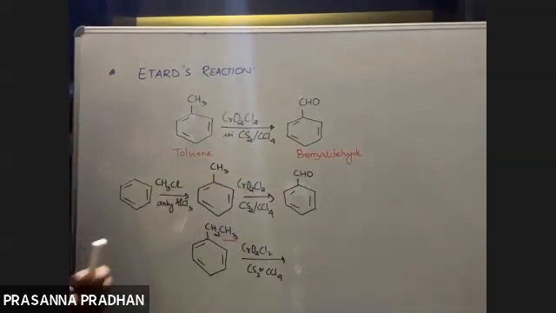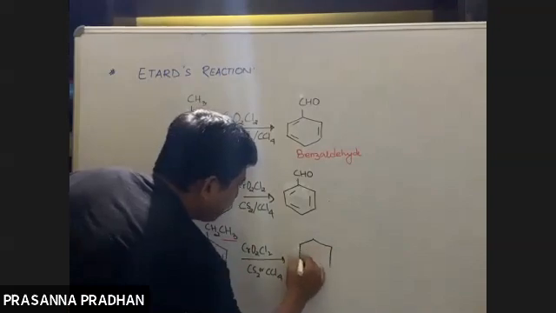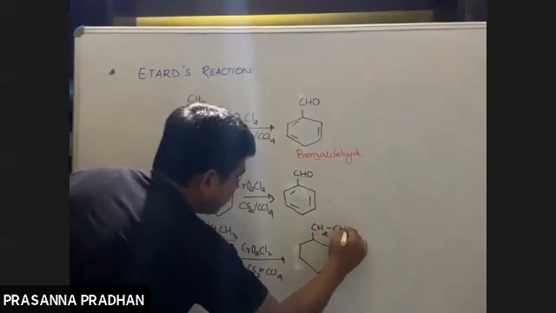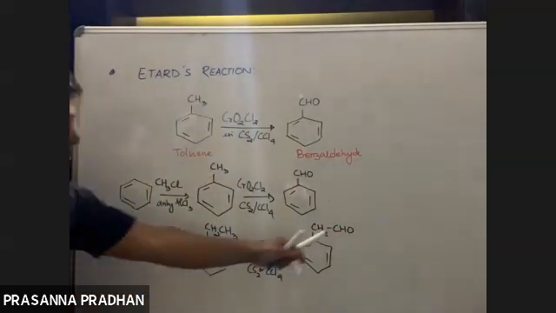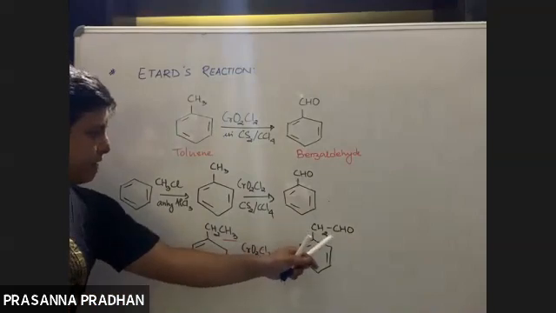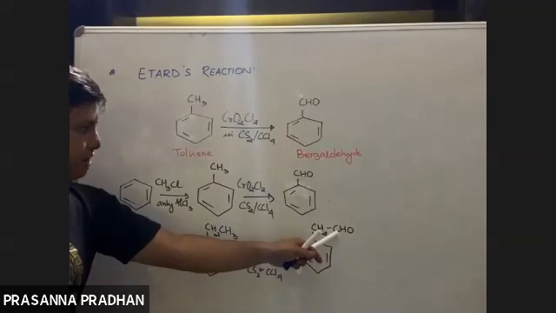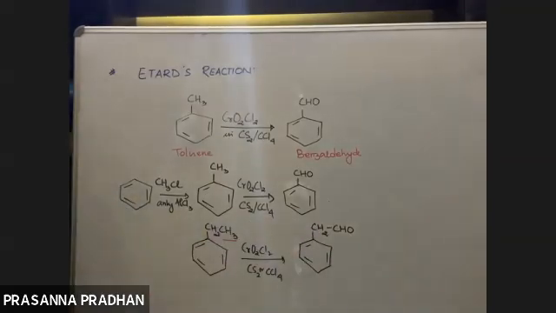Methyl convert हो गया, CHO बन रहा है. So here also this CH2 group will remain intact. Just the CH3 part will get converted to the CHO part. So we get 2-phenyl ethanol. So ethyl benzene to 2-phenyl ethanol.